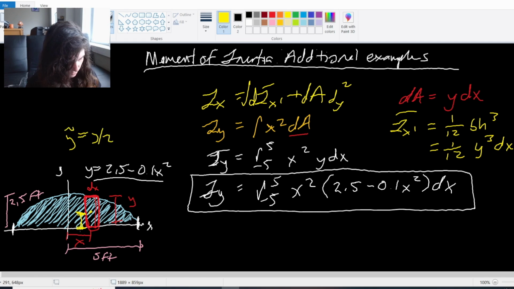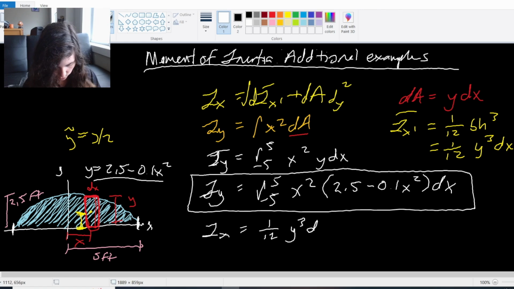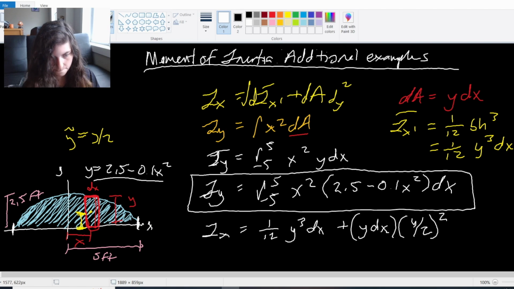In this case, this distance is y over 2. If I plug this into my equation, I get Ix is 1/12 y cubed dx plus y dx times y over 2 squared.